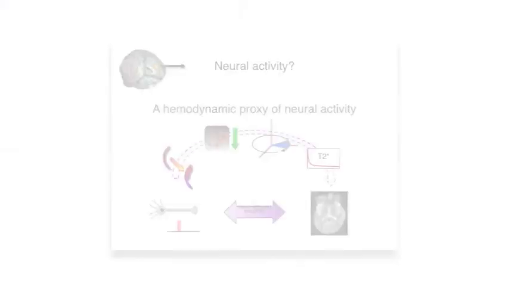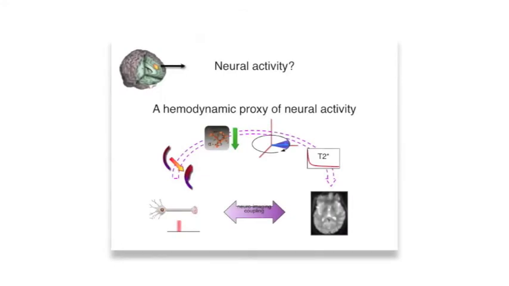So the fMRI signal can only be interpreted in terms of a difference between two states. You can't just take the raw amplitude of the signal and make a meaningful statement about it. Of course, and this group would be quite capable of understanding this, we're measuring a hemodynamic proxy of neural activity. We're not directly measuring neural activity, we're measuring this blood flow response.